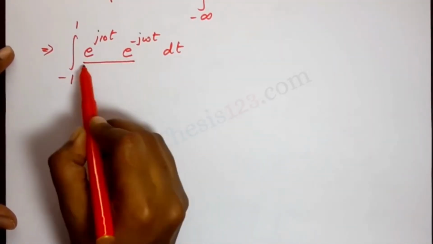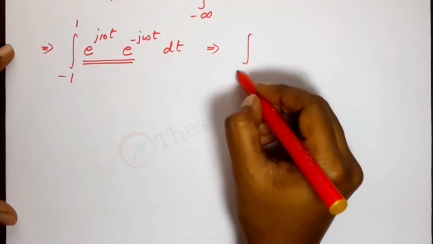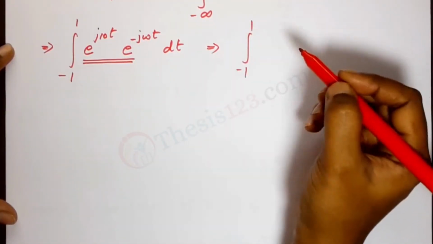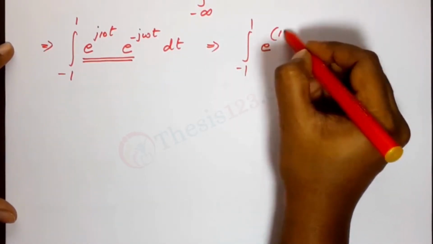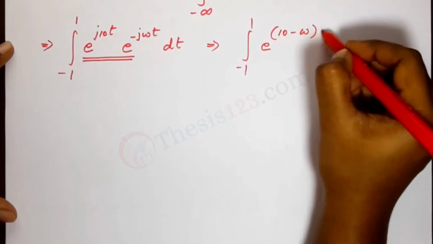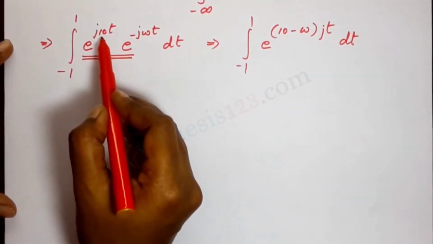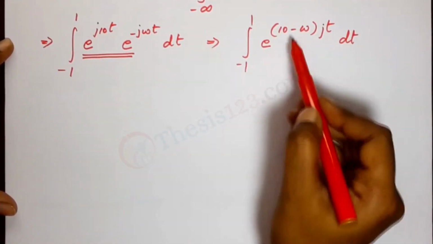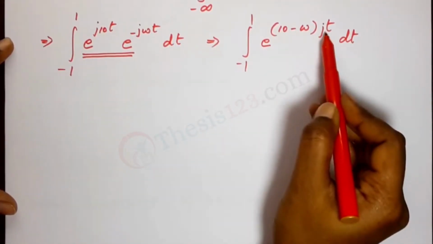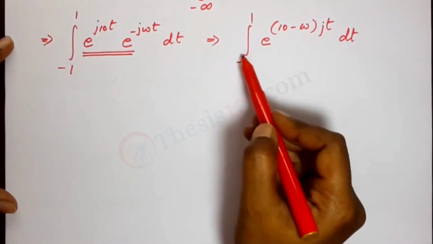Next, we are going to combine these two and write it in the form of one expression. So that's the integral from minus 1 to 1 of e power 10 minus omega into jt dt. So you see here we have 10 minus omega, jt is common. So e power 10 minus omega jt dt. So this is our expression. Now let's integrate.